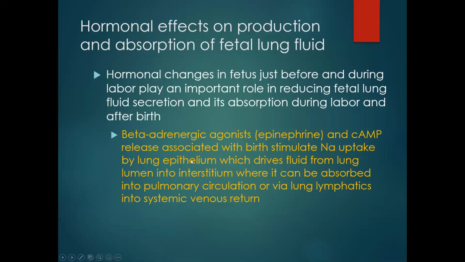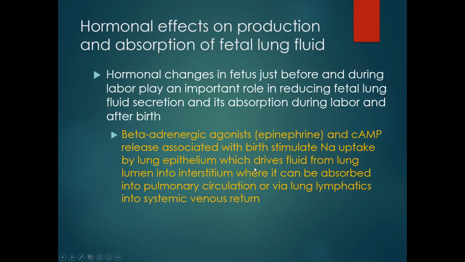So going to the hormones, what affects the production and absorption of fetal lung fluid? Okay, now during birth itself, epinephrine, which is a beta-adrenergic agonist, and cyclic AMP, the release of these are associated with birth that stimulate the sodium uptake by the lung epithelium, which drives fluid from lung lumen into the interstitium.